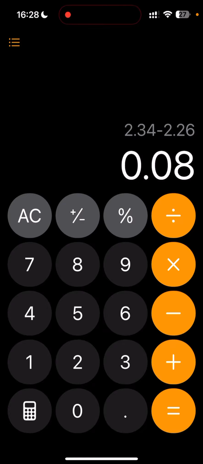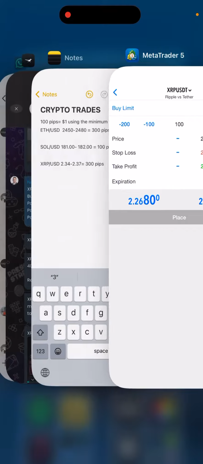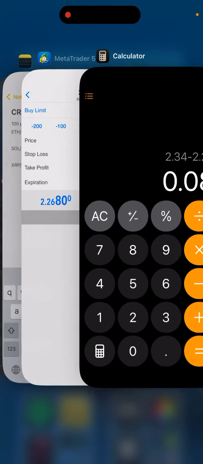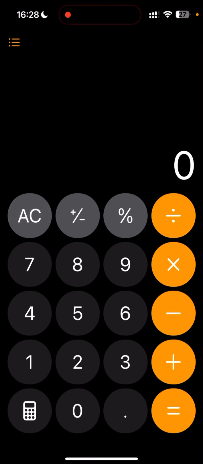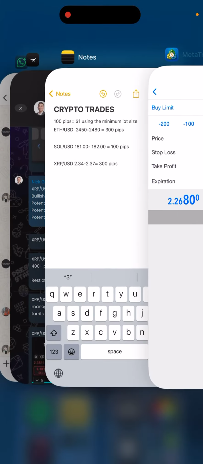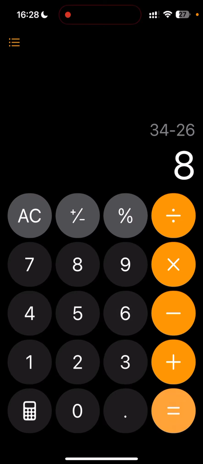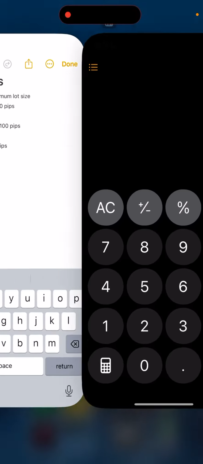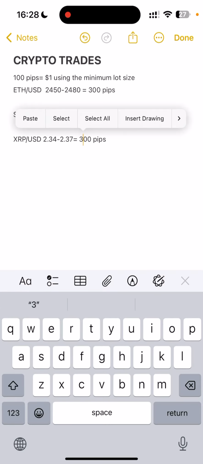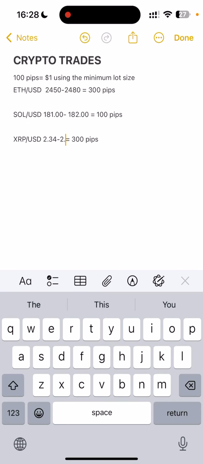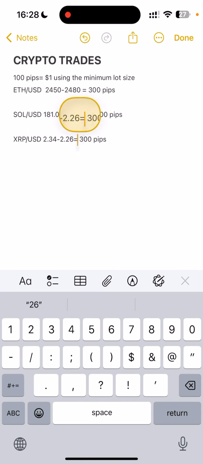Or instead of doing that, you can take the last numbers, 34 minus 26, which is 8, so that's 800 pips. So the difference between 2.34 and 2.26 is 800 pips.